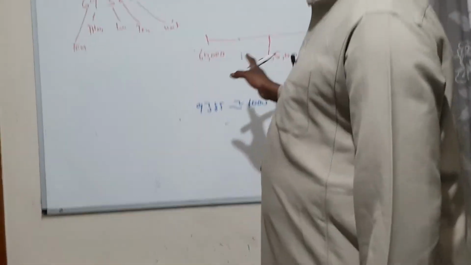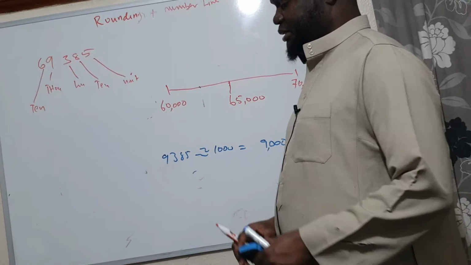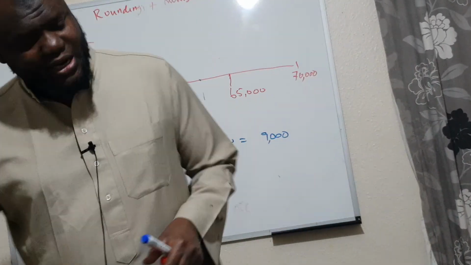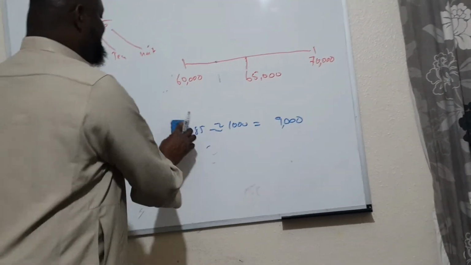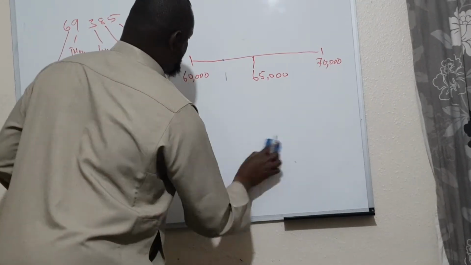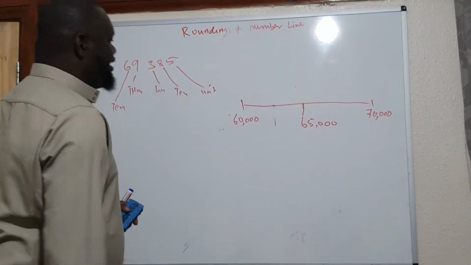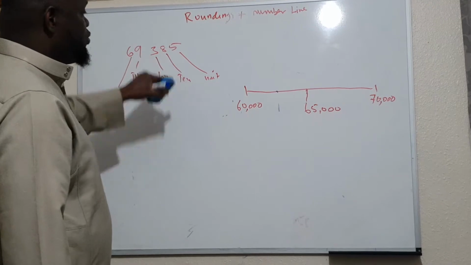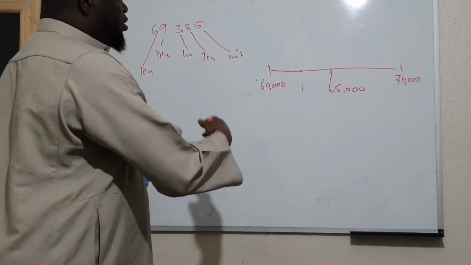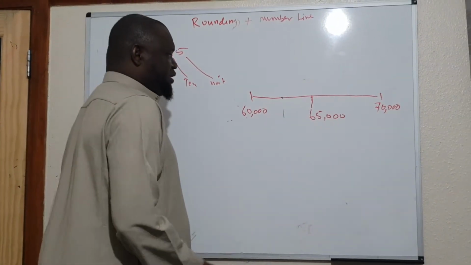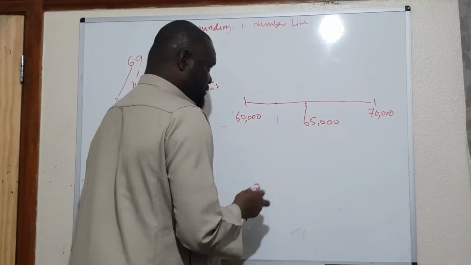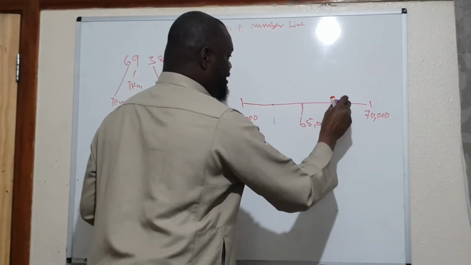By interpreting where the figure will be. If you miss that in the exam while you are in a hurry, you could get a simple mark wrong. Now let's look at 69,000, where will it be? On the left or the right of 65,000? The right. So it will be somewhere closer to 70,000.